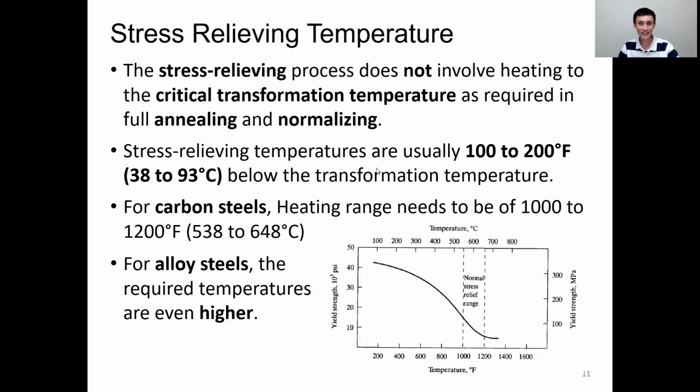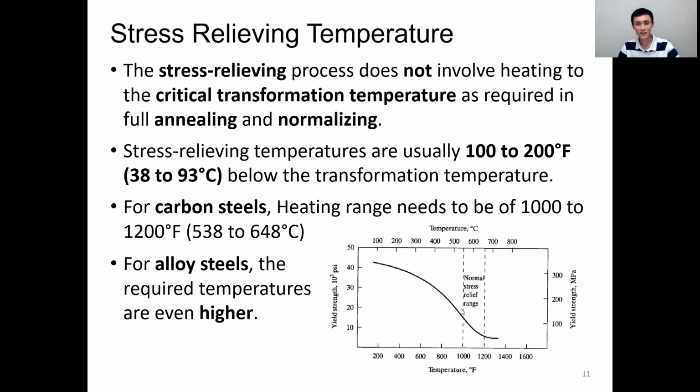For stress relieving, the temperature does not need to be in the austenitic range. Otherwise, you will lose all the strength of the material. Usually the stress relieving temperature range is about 38 to 93 degrees C. For carbon steel, it's usually 538 to 650 degrees C. If they are alloy steels, the temperature is going to be even higher.